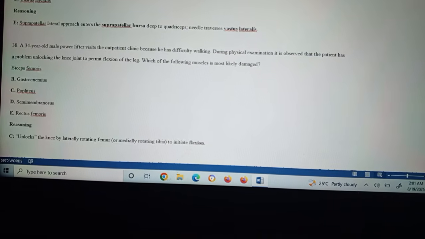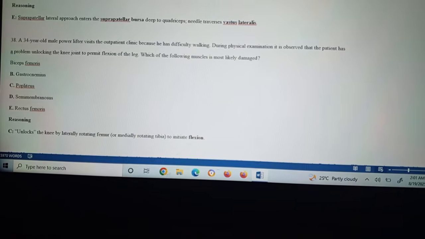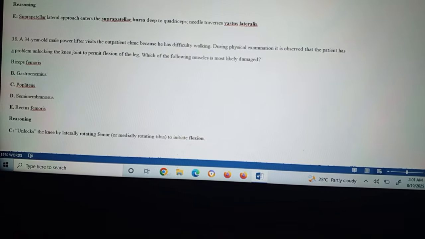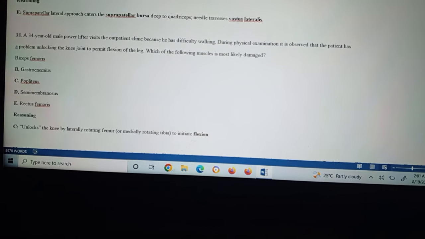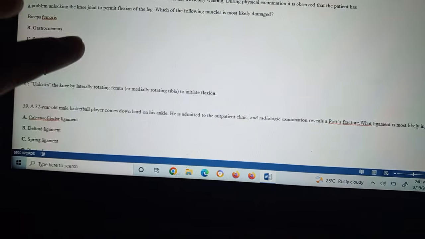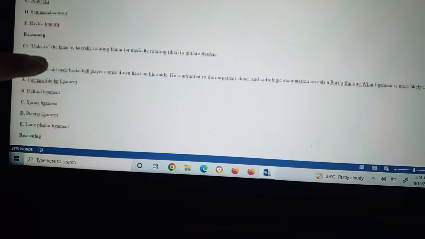Option A is biceps femoris, B gastrocnemius, C popliteus, D semimembranosus, E rectus femoris. Reasoning: C is the popliteus. It unlocks the knee usually by laterally rotating the femur or medially rotating the tibia to initiate the flexion. This question can be asked to you in two scenarios.